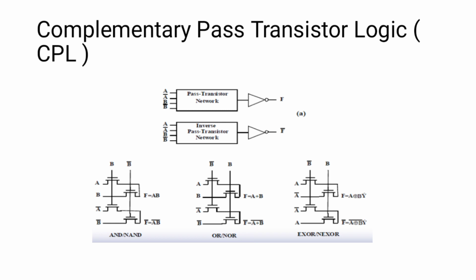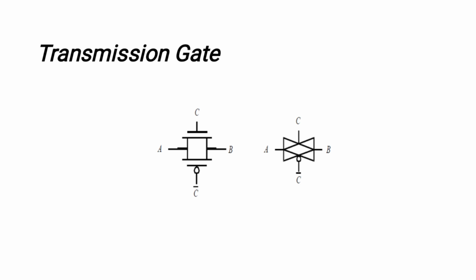The same thing happens with AND and NAND, OR and NOR, XOR and XNOR. Those are all complements of each other. Both are separate circuits, but the common input for the gates is given as B and B bar for all three cases. So a simple design we can make through these complementary pass transistor logic circuits.